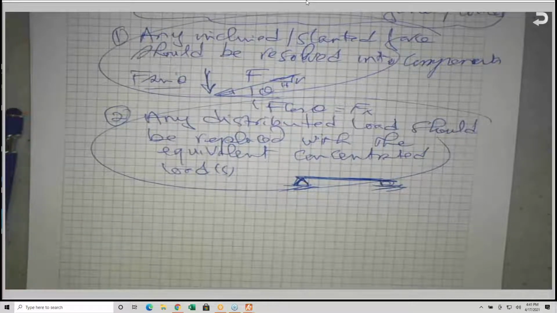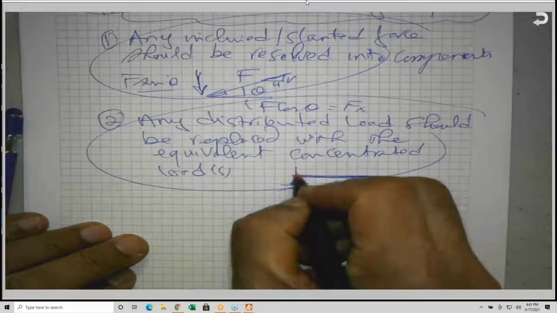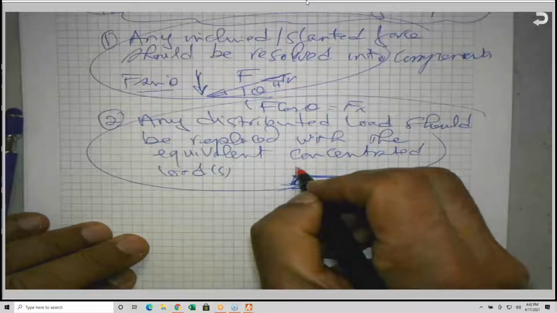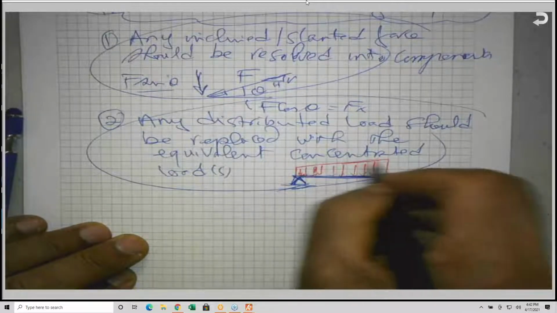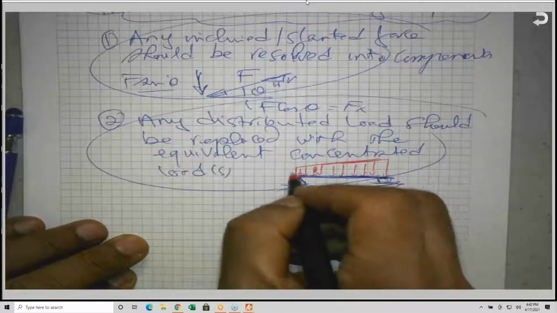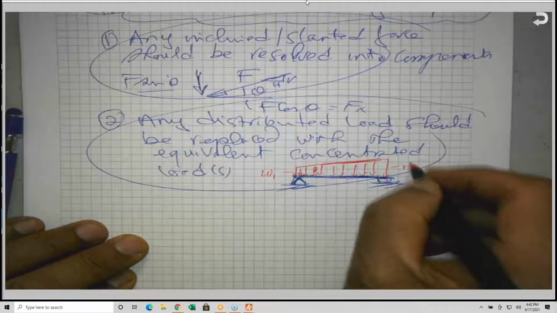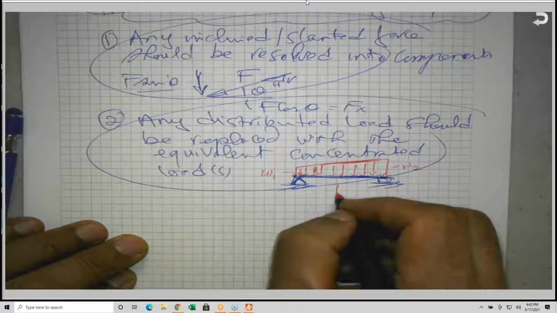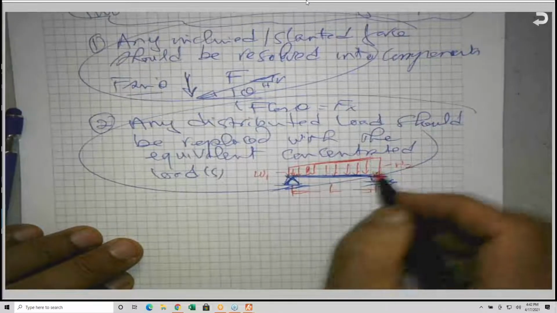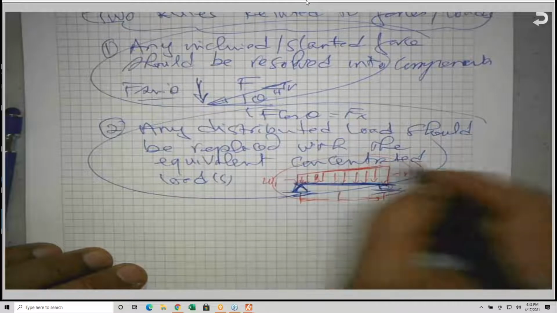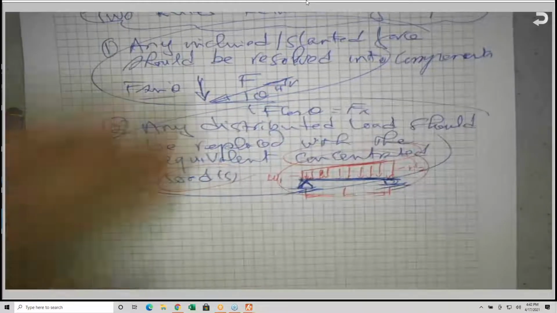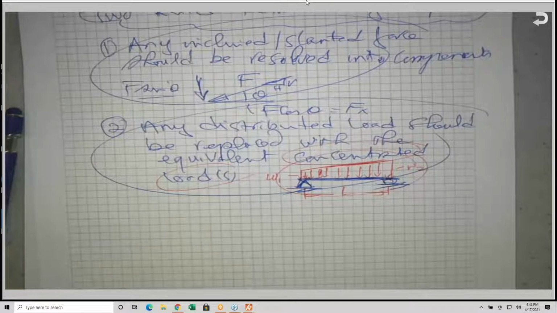It could be uniform or non-uniform, but let's take a distributed non-uniform load like this, where this here is W1 and this is W2 and this is L. In this case, it will be way easier to deal with this distributed load as concentrated loads. I will replace this with two loads. Each load will be acting at the centroid, okay? So we need to be aware of that.